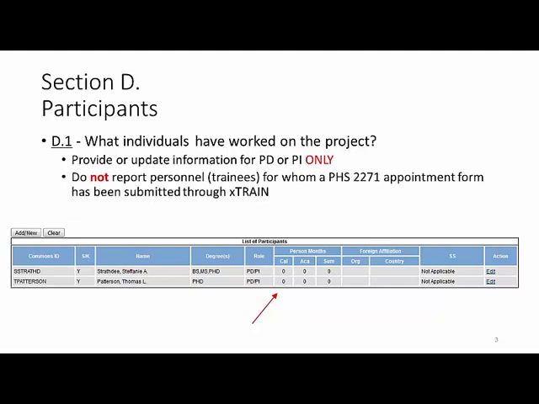So big thing to remember here is your trainees are not listed here. Those are covered in your table 8 and in your training summary. None of your participating faculty. So this should just be 1 to 2 people. Unlike a research RPPR, you could have 5, 6, 10 people on there.